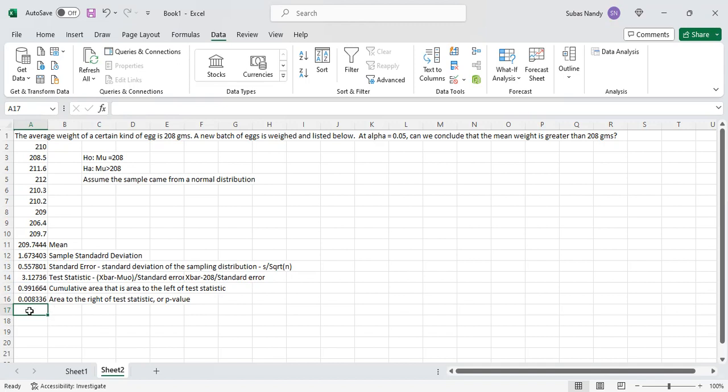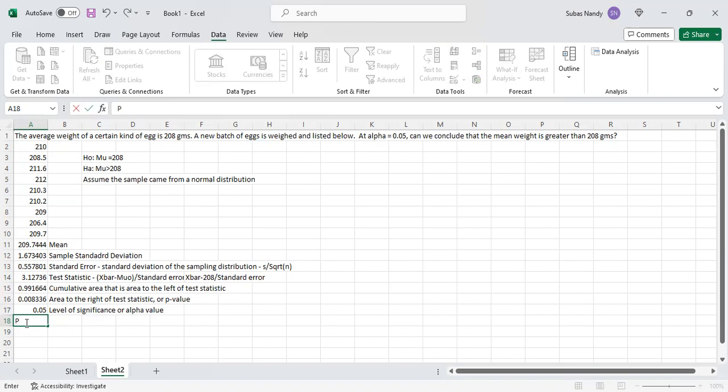Now remember the alpha value is 0.05, the level of significance. So what is my conclusion?